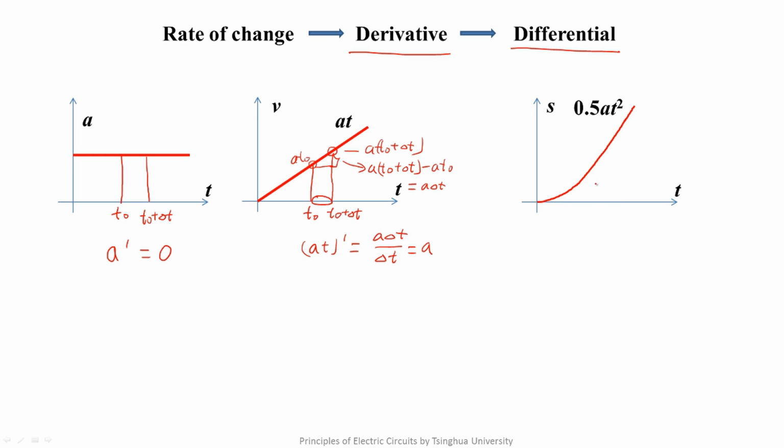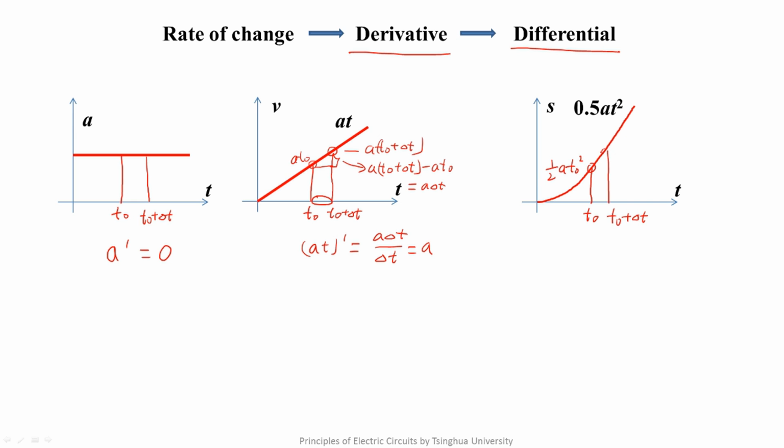Next, let's discuss the time rate of change of the displacement s equals 1 over 2 times a times t squared. Similarly, we consider the time axis change from t0 to t0 plus delta t. Similarly, we know the vertical axis of this point is 1 over 2 times a times t0 squared.